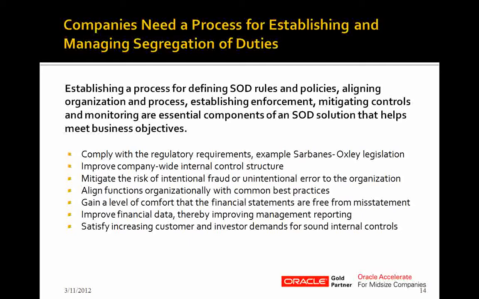It also helps you to comply with regulatory compliance, mitigate the risk of fraud, align your functions with your IT goals, and gain a level of comfort that your financial statements are reported accurately. In addition, a good segregation of duties system and compliance with CASA and Sarbanes-Oxley can lead to increased confidence from your customers and your investors.